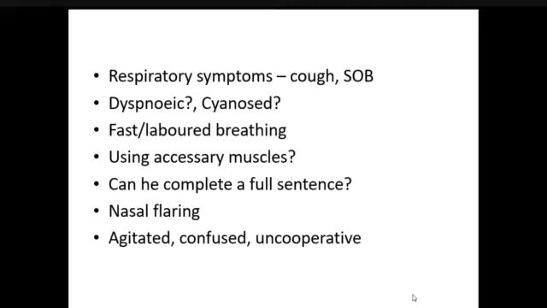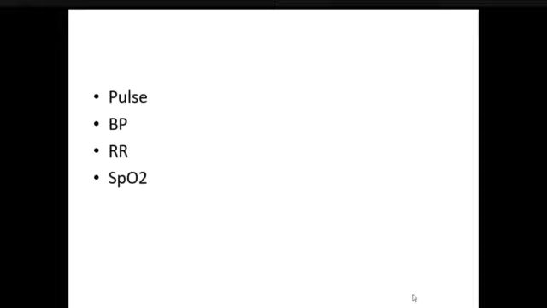When he talks, we know whether he can complete a full sentence or not. We can see whether nasal flaring is there. And we have to assess whether this patient is agitated, confused or uncooperative. The main important examination points we have to assess are pulse, blood pressure, respiratory rate and SpO2.